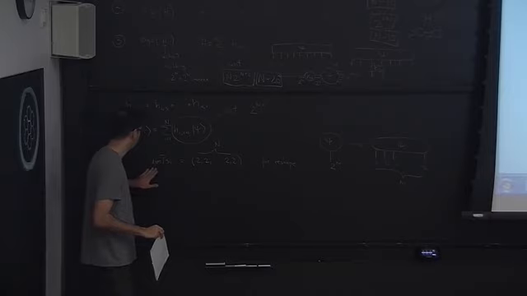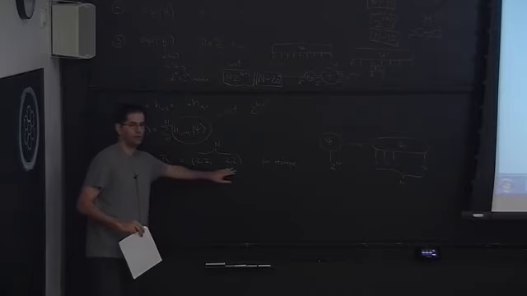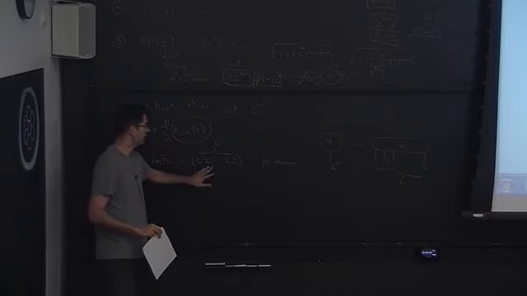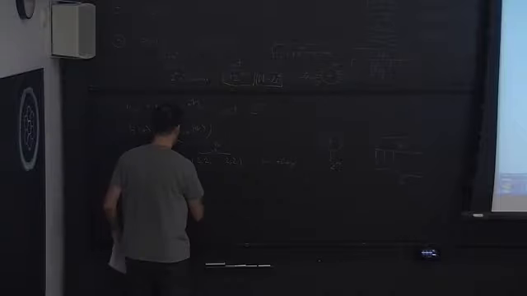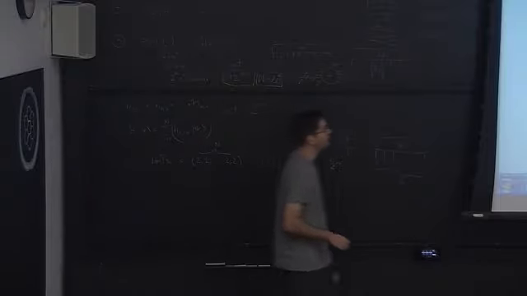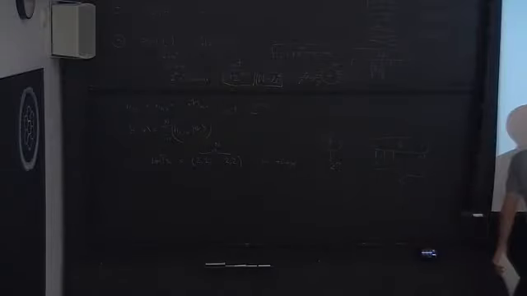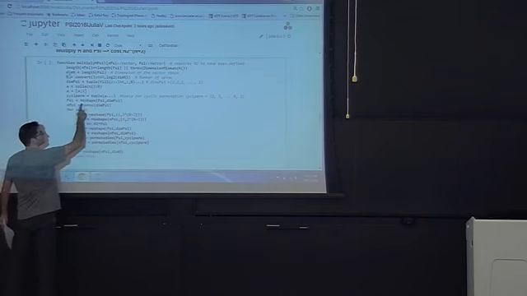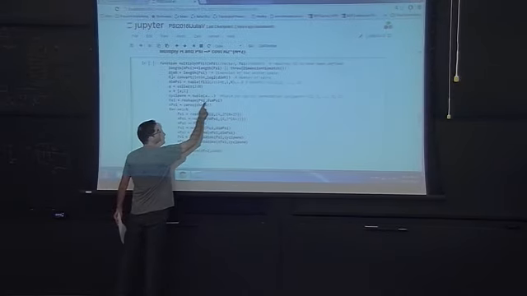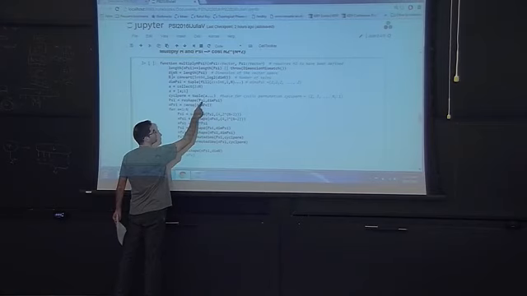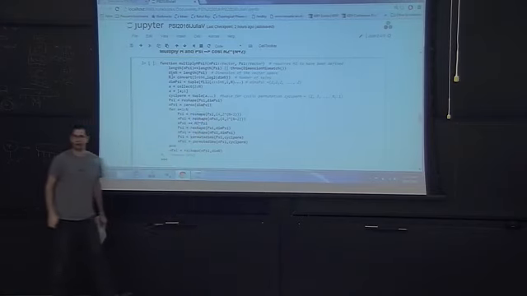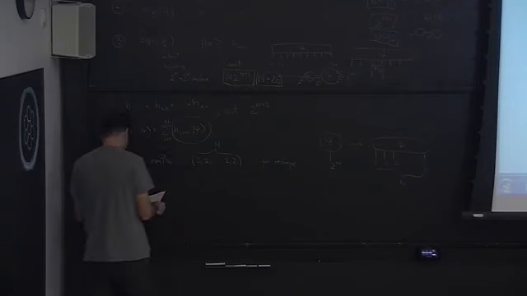So we need this dim psi. This will be what we input into reshape. You have it right there. We'll take psi and we'll reshape it so that instead of being a vector with 2 to the n components, now it's a tensor with n indices. That's one thing we need to do.